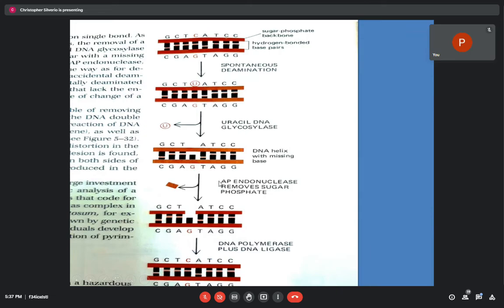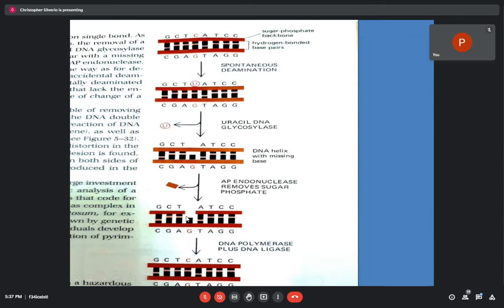And what is the enzyme involved? The AP endonuclease, apurinic endonuclease, removes the sugar and the phosphate. So the sugar and the phosphate are now removed by AP endonuclease. So there is now a gap.